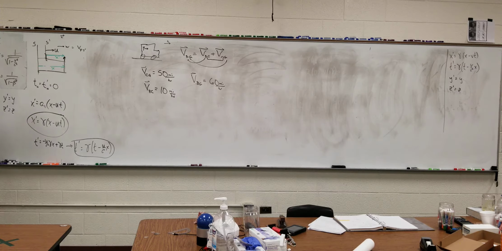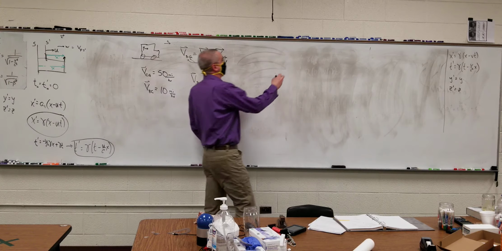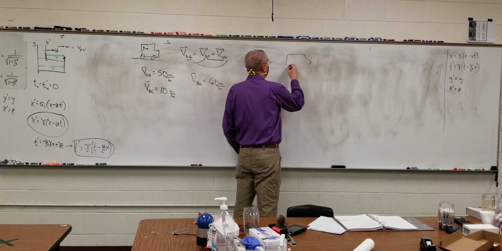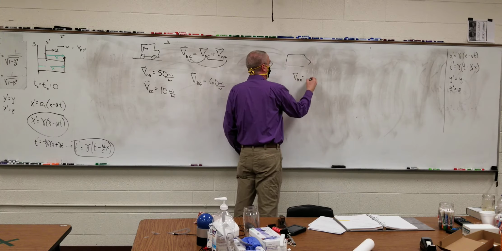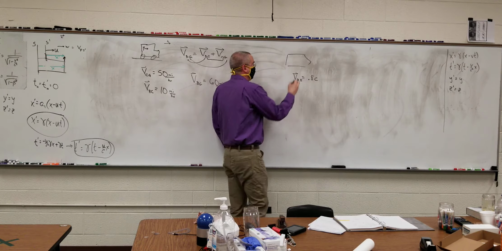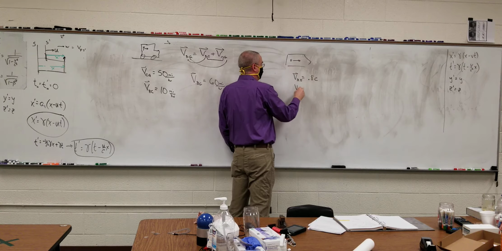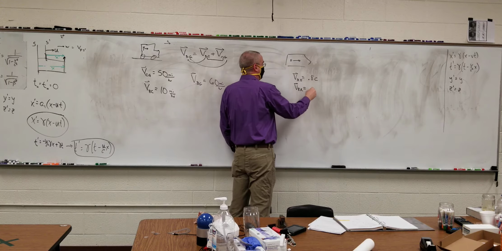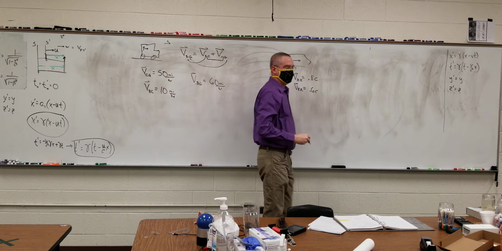So if you're in a rocket, if we treated this from a relativistic point of view, the velocity of the rocket with respect to the Earth is 0.8 times the speed of light. You throw a ball forward, and the velocity of the ball with respect to the rocket is 0.6 times the speed of light.